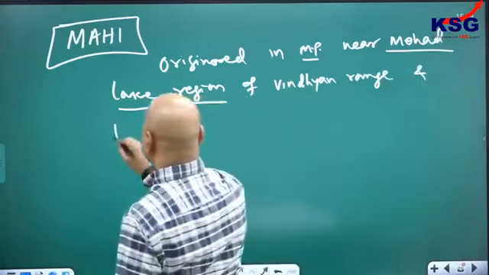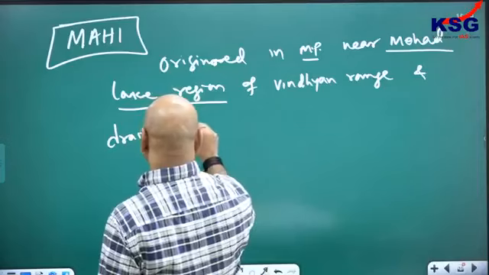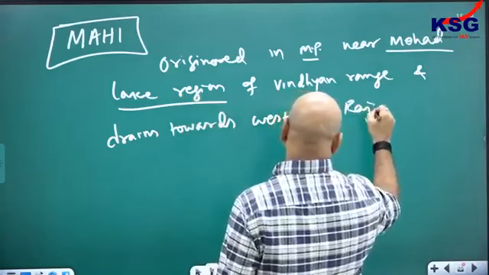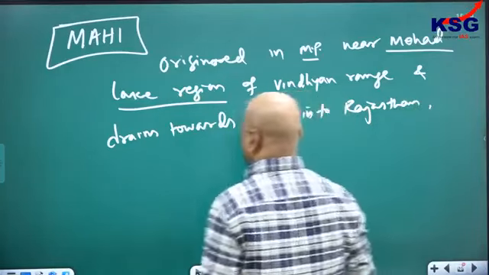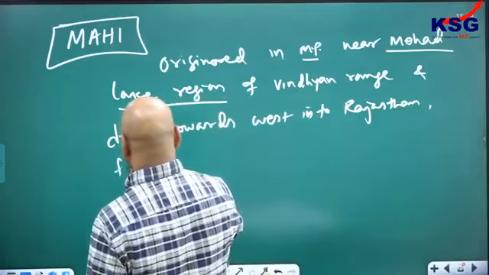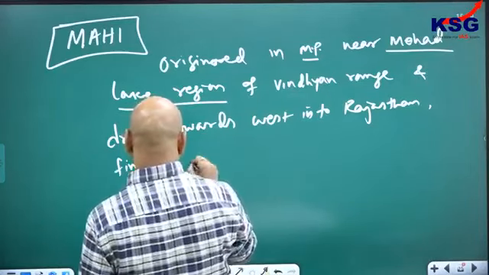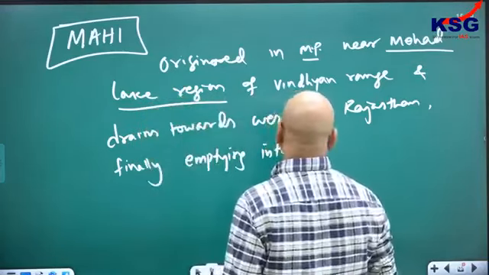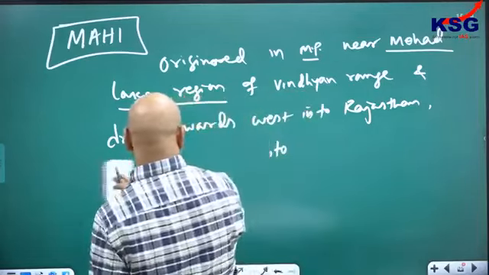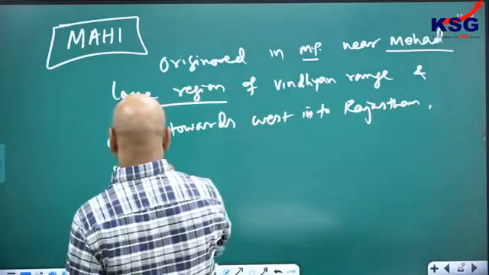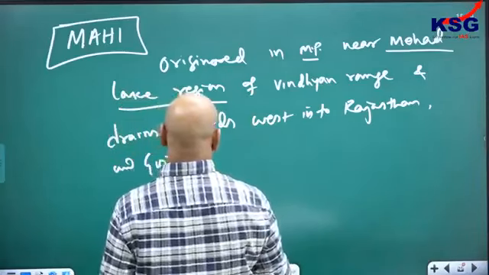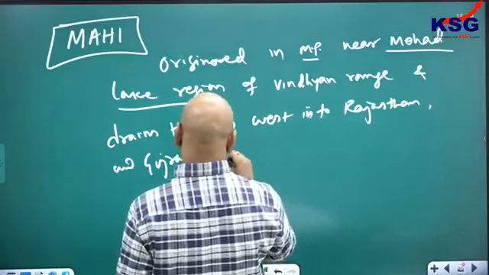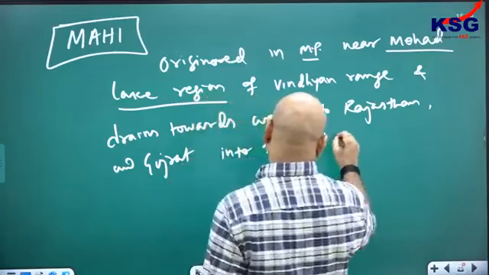And it drains towards the west into Rajasthan, and finally emptying into Rajasthan and Gujarat, into the Gulf of Khambat.